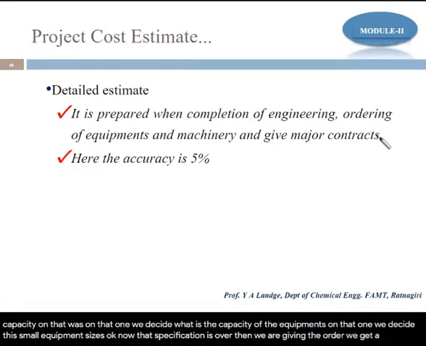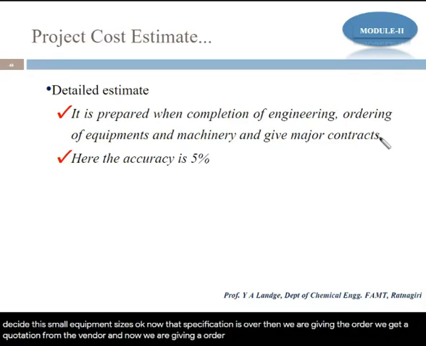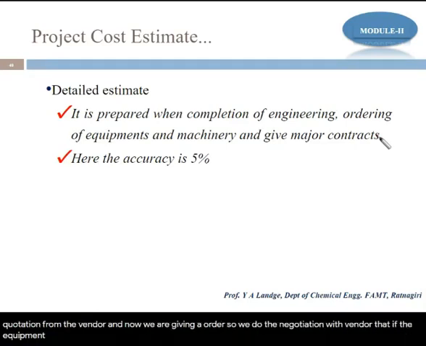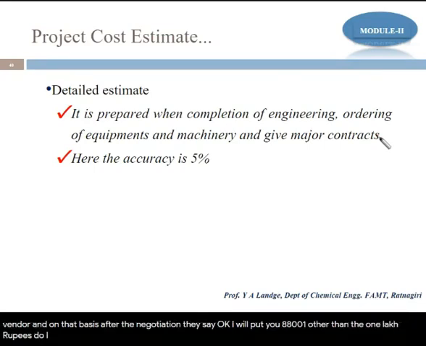We get a quotation from the vendor, and now we are giving an order. We negotiate with the vendor: if the equipment has a price of 1 lakh rupees as per the specification, then after a meeting and negotiation they say okay, I will quote you 80,000 rather than the 1 lakh rupees I quoted in the quotation.